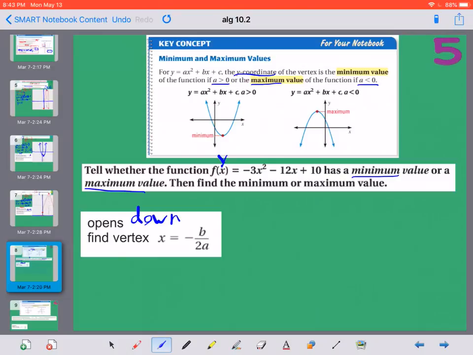So now we got to find our vertex here. If I find my vertex, negative b divided by 2a, negative b here is going to be a negative 12 divided by 2 times a negative 3. That's going to be a positive 12 divided by a negative 6. 12 divided by negative 6 is going to be negative 2.